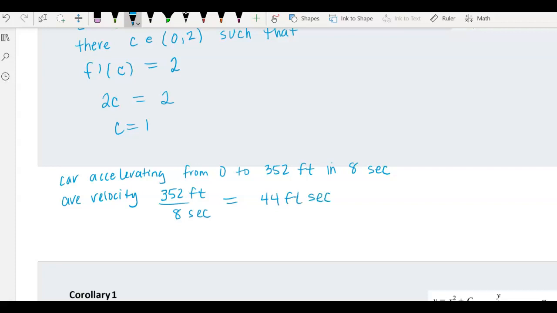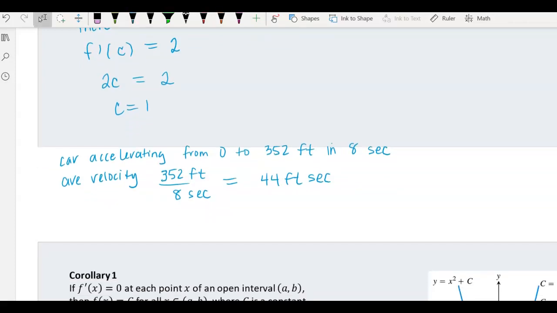So in between that 0 to 8 second time period, somewhere the speedometer is going to read exactly 30 miles per hour. Somewhere between 0 and 8 seconds.